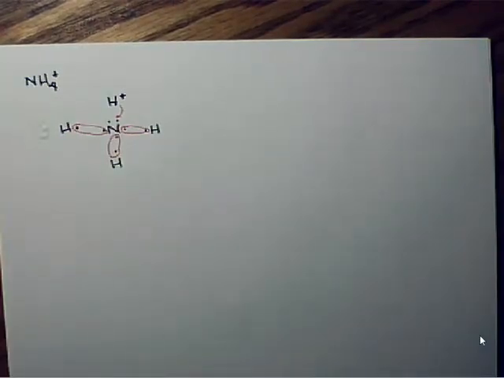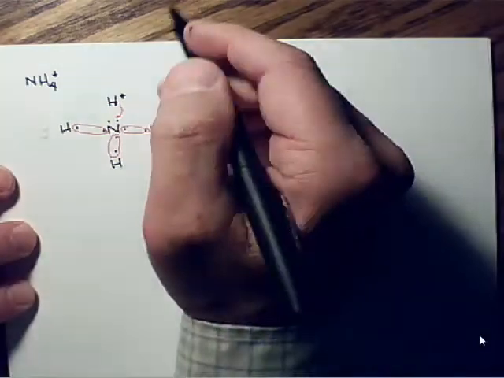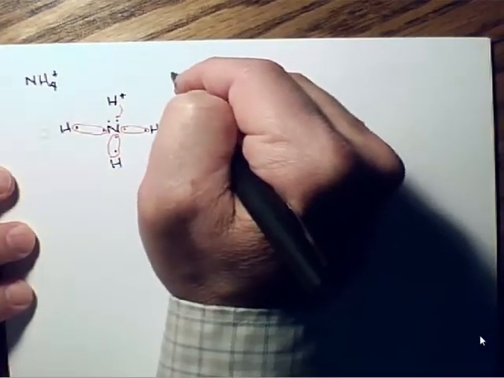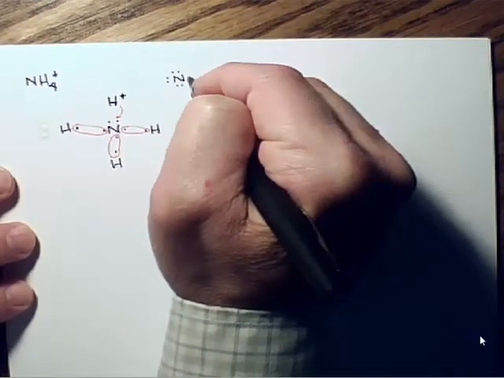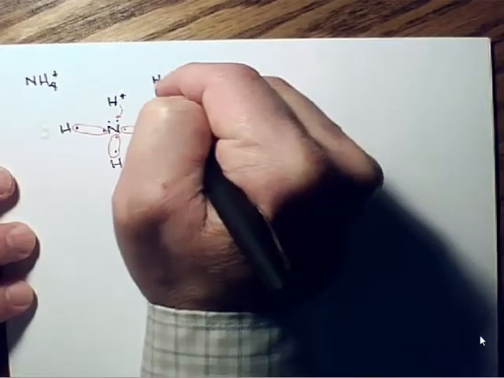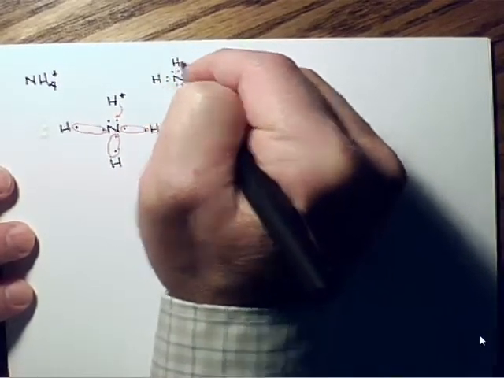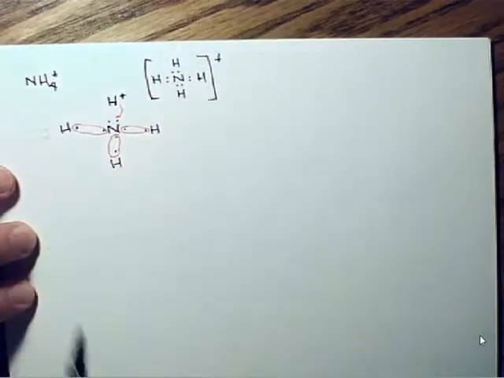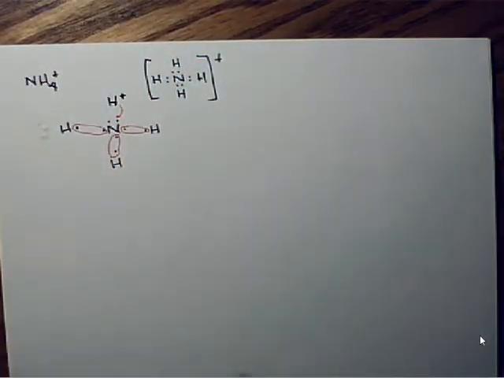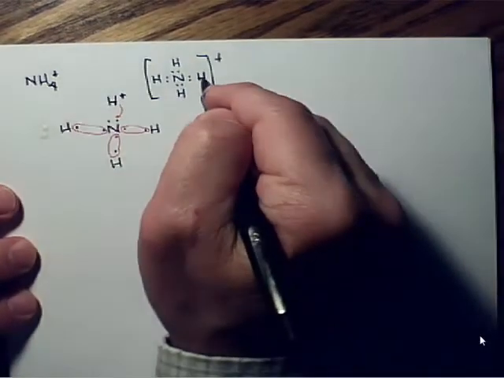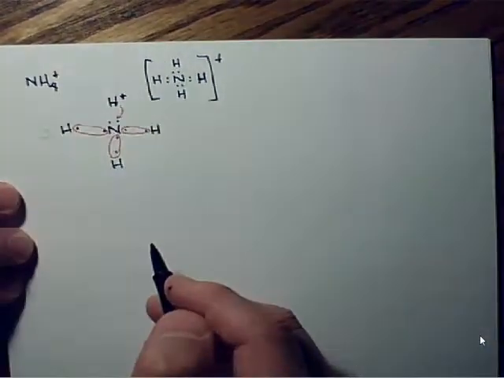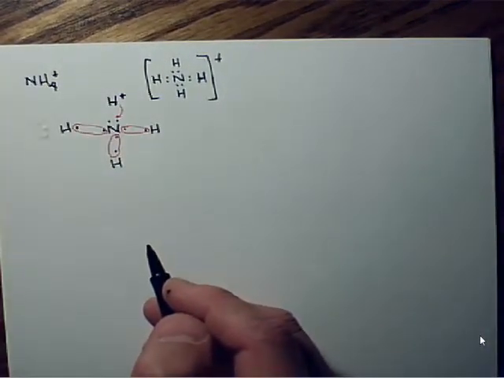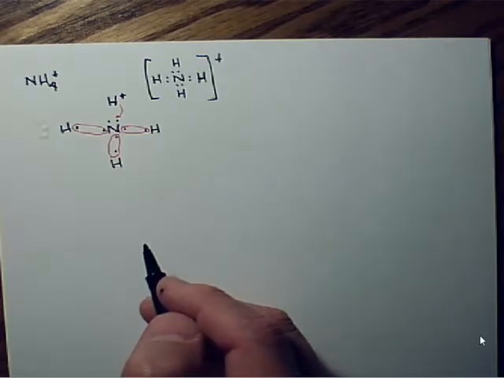In the electron dot formula we looked at earlier. But that extra proton means this whole structure has a positive charge.